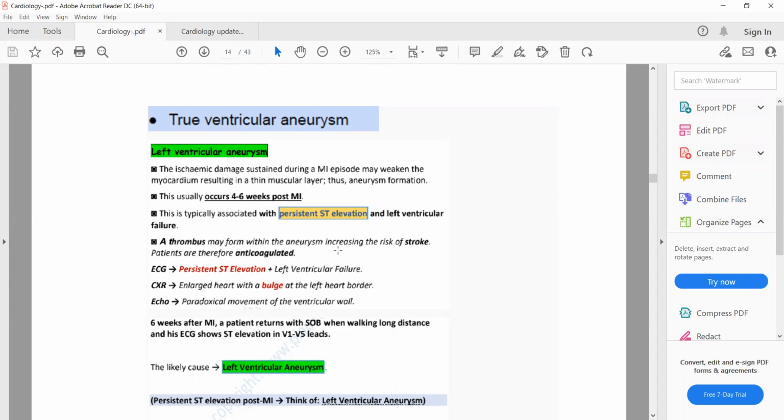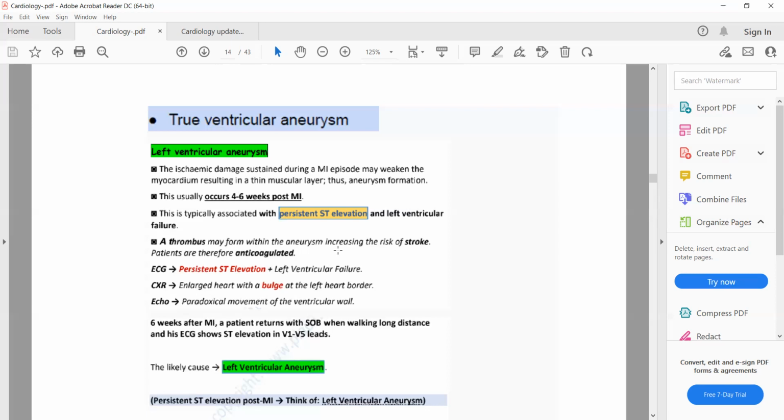A thin muscular layer is formed which can outpouch, resulting in the formation of an aneurysm, and a patient with aneurysm will present with features of heart failure such as shortness of breath, and there will be persistent ST elevation on ECG, and chest X-ray will show an enlarged heart with a bulge at the left heart border, due to formation of ventricular aneurysm.